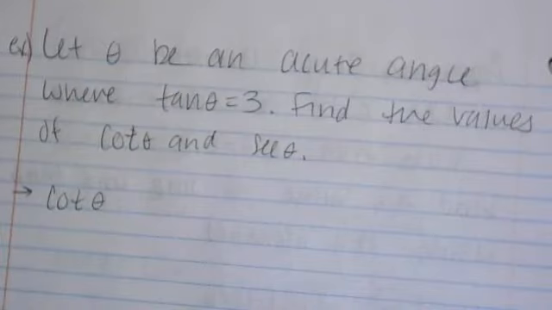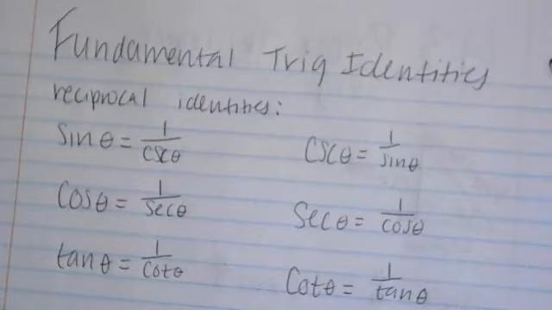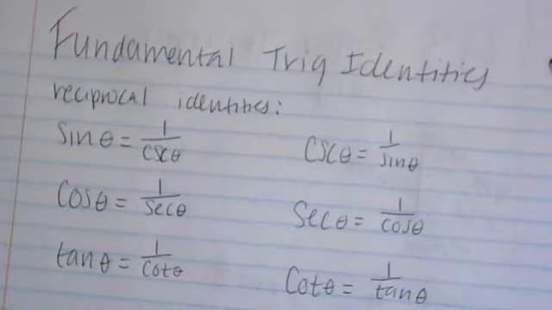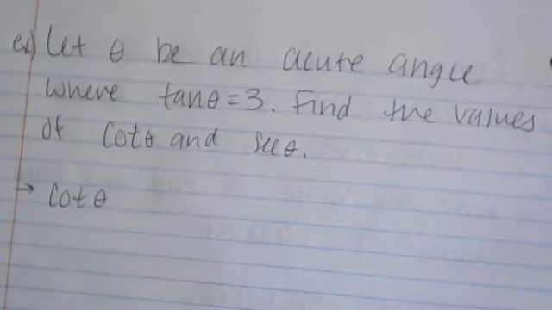For this example specifically, what I would do is go back to my fundamental trig identities. And again, start with, okay, if I have my tangent, how can I find my cotangent? And then if I have my cotangent and my tangent, how can I find my secant? So this would be a great example to go ahead and pause here and try to get as far as you can on this example by yourself.